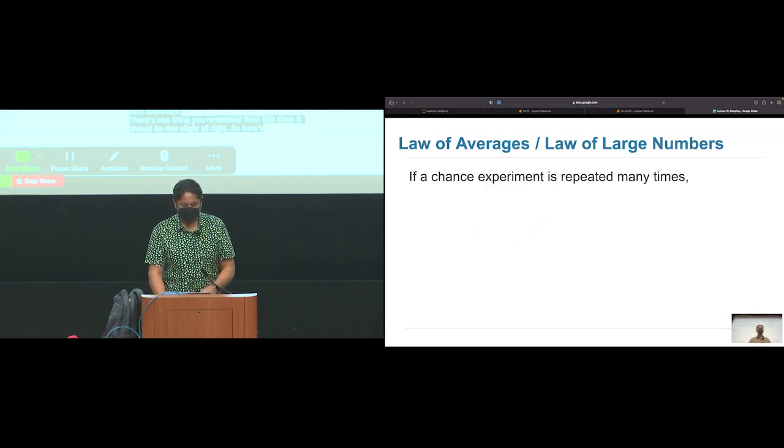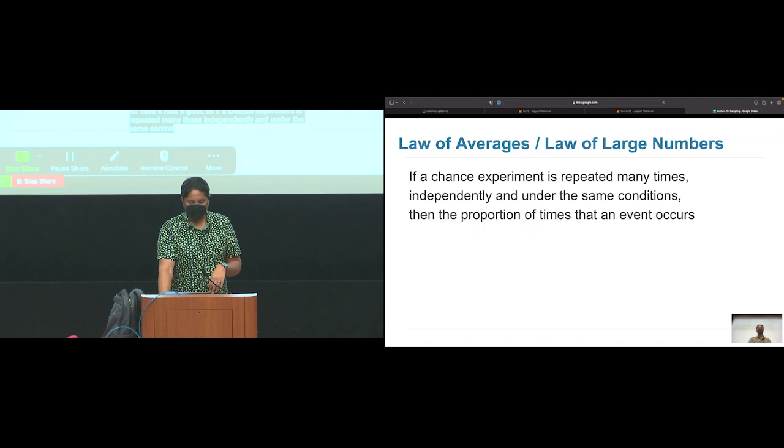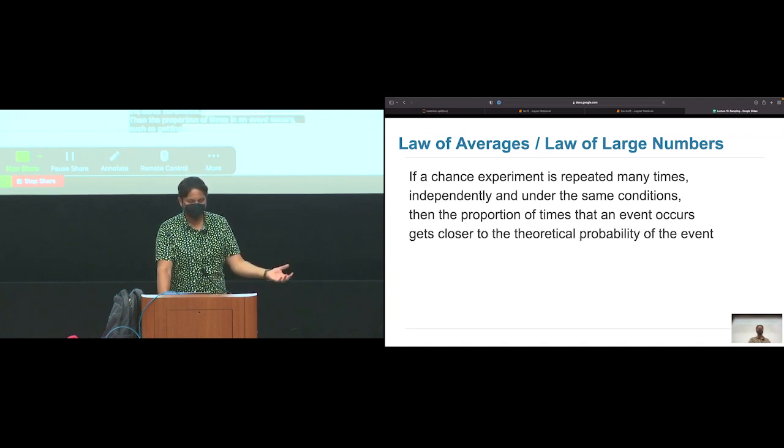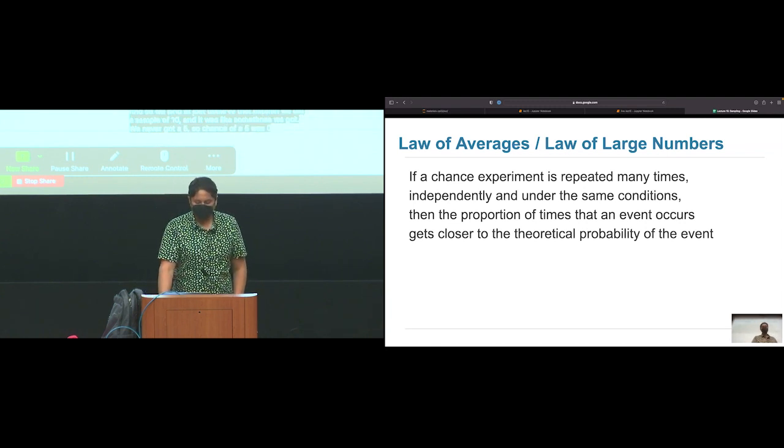If a chance experiment is repeated many times, independently and under the same conditions, then the proportion of times that an event occurs, such as getting a 5 on a die roll, gets closer to the theoretical probability of the event. And we just observed that happen. We did a sample of 10, and sometimes we never got a 5, so the proportion of 5s was 0 out of 10.